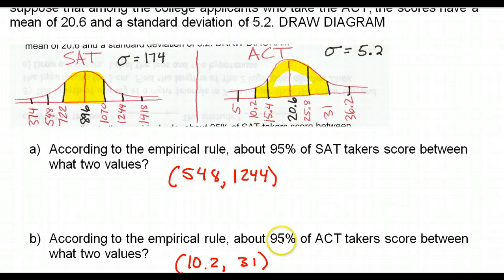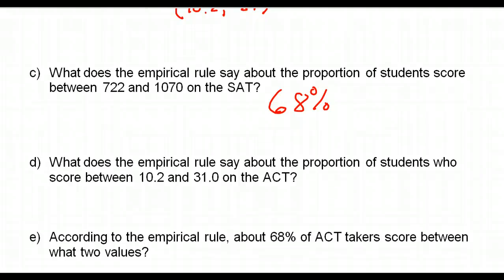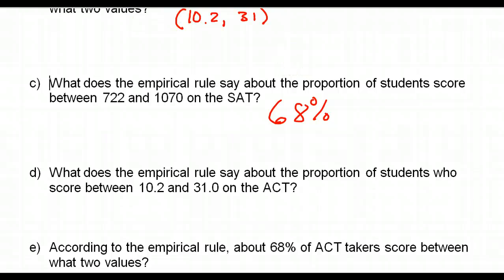We just saw that that was 95% of the data. Okay, because that is 2 standard deviations, 95% of the data. So it's really the same. It's like the reverse of question B. Okay, so 95% is the proportion.